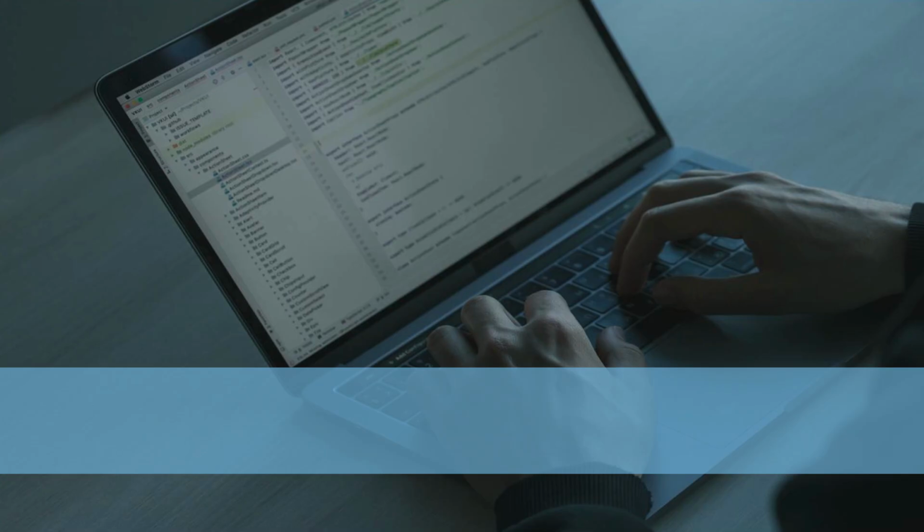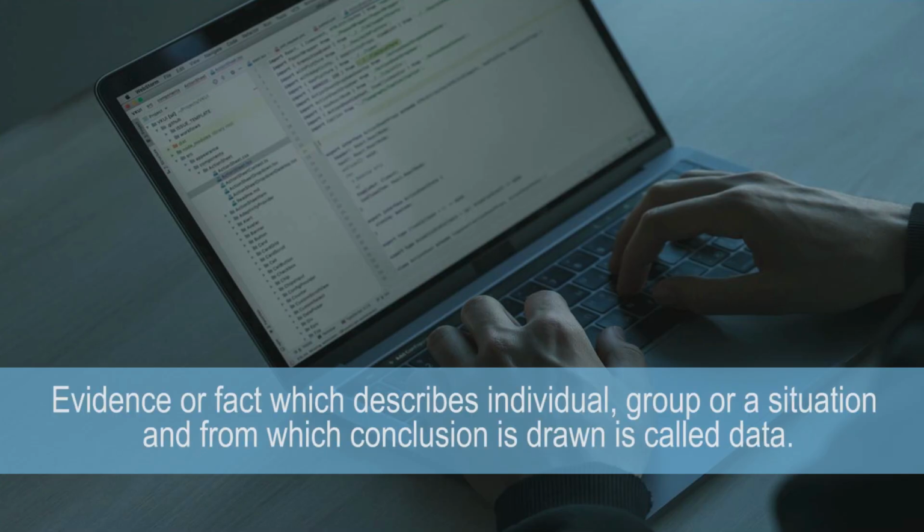And further, we can say data is evidence or fact which describes an individual, a group or a situation. So the fact or data that describes the abilities of an individual, the attributes of an individual or a group, like mean score, standard deviation score, and upon a situation also, your idea, your attitude towards a situation, and from which a conclusion is drawn. So this is called data. It may be data relating to an individual, a group, or any situation.